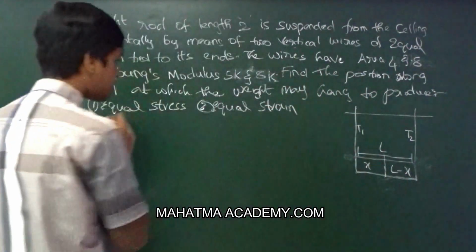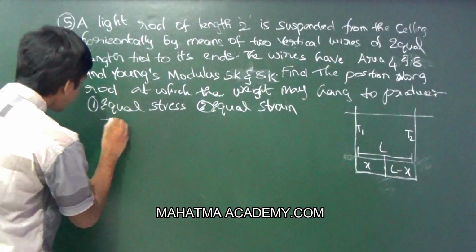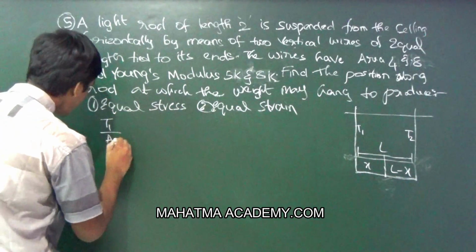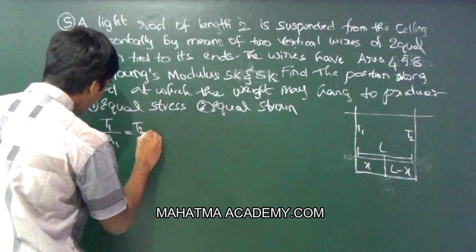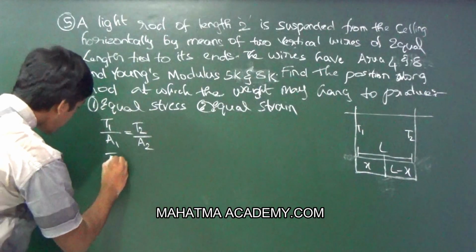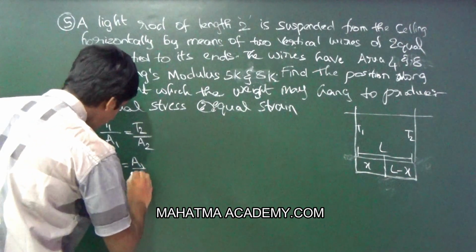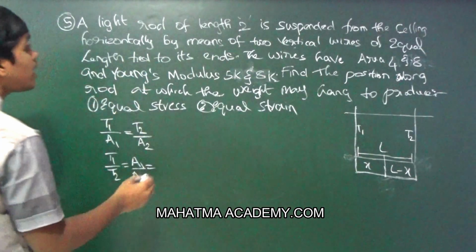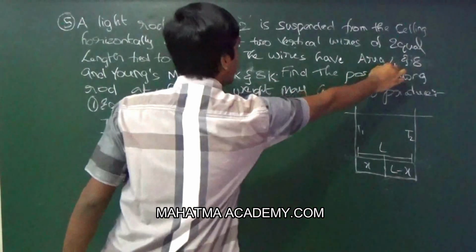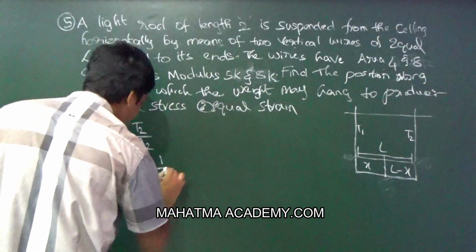First, equal stress. Equal stress means T1 upon A1 is equal to T2 upon A2, so T1 by T2 is equal to A1 by A2. Here A1 is 4 and A2 is 8, so it will become 1 by 2.